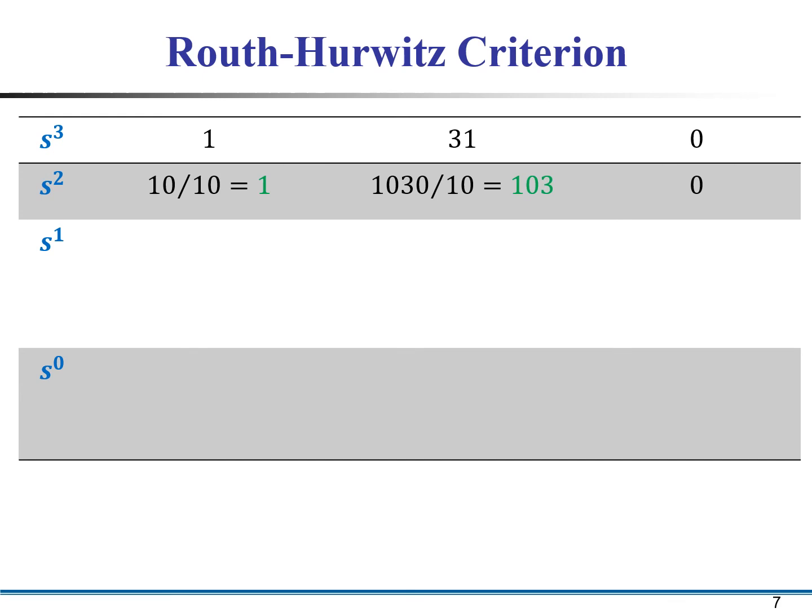So the system will somehow look like this now. These are the coefficients we will be treating: 1, 1, 31, 103, and 0, 0.